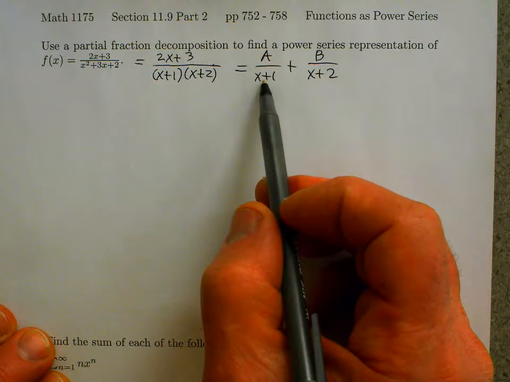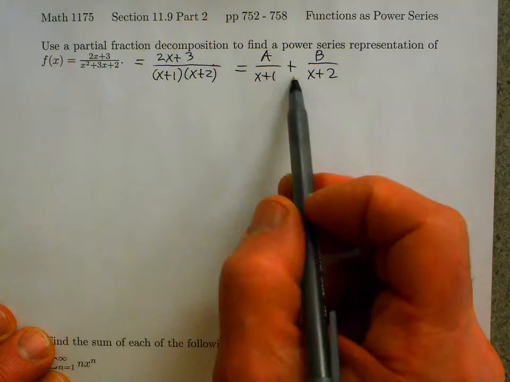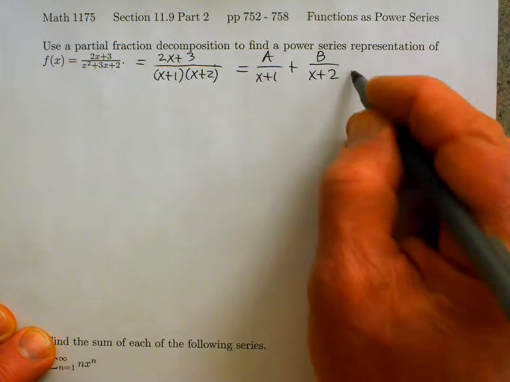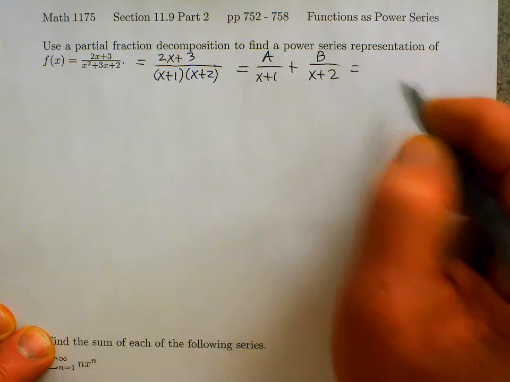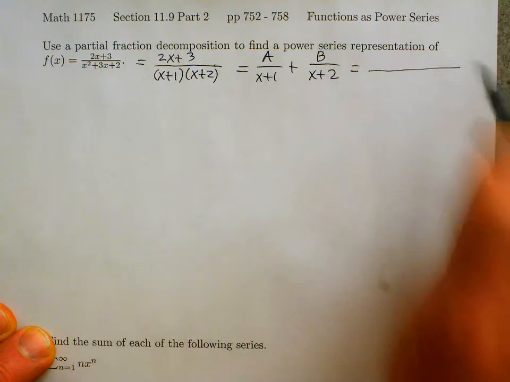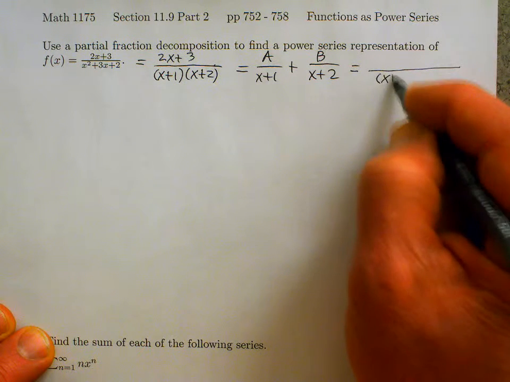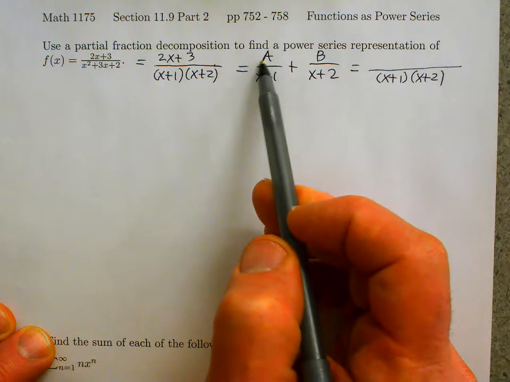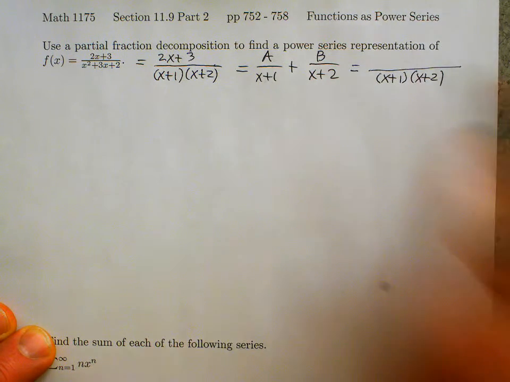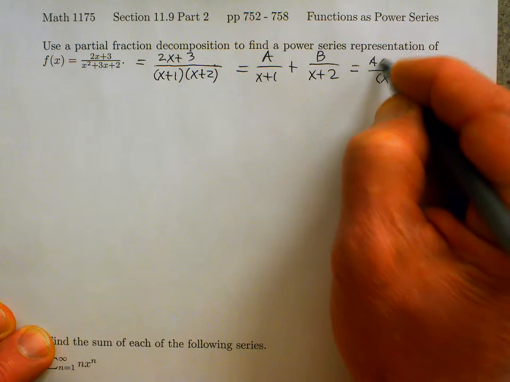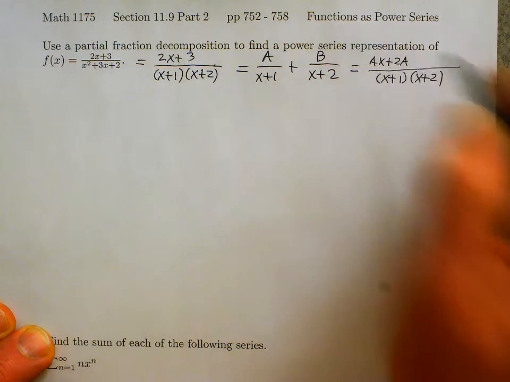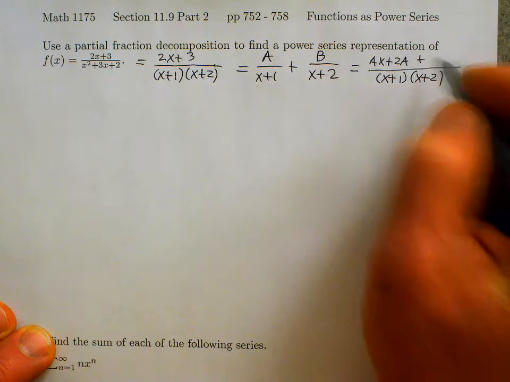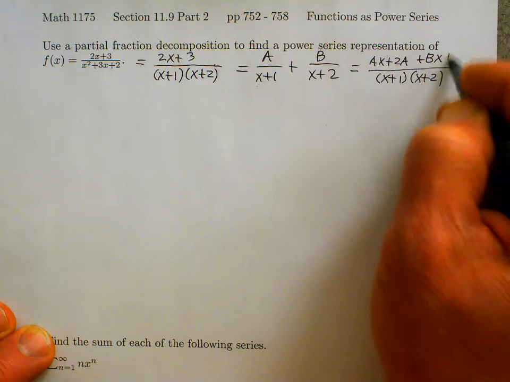Well, if we rewrite this sum, a over x plus 1 plus b over x plus 2, as a single rational expression with the common denominator, x plus 1 times x plus 2, we're going to get a times the quantity x plus 2, which is ax plus 2a, and then plus b times the quantity x plus 1, which is bx plus b.